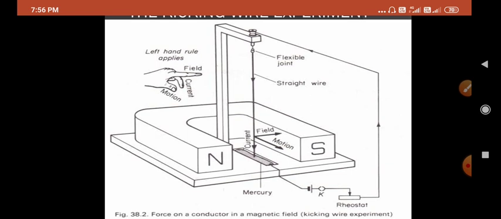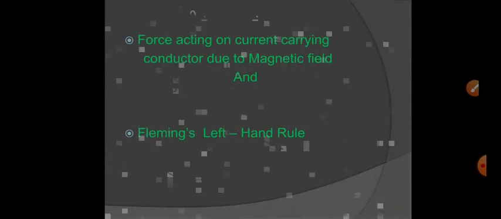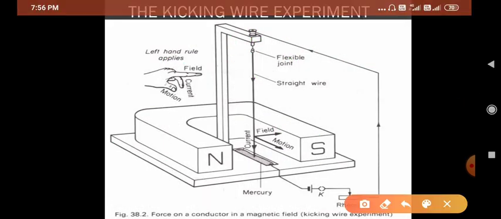Once again, Fleming's left hand rule: in order to understand properly, you take your left hand, forefinger, middle finger and thumb, and stretch them perpendicular to each other. Once again, let's go to our setup.